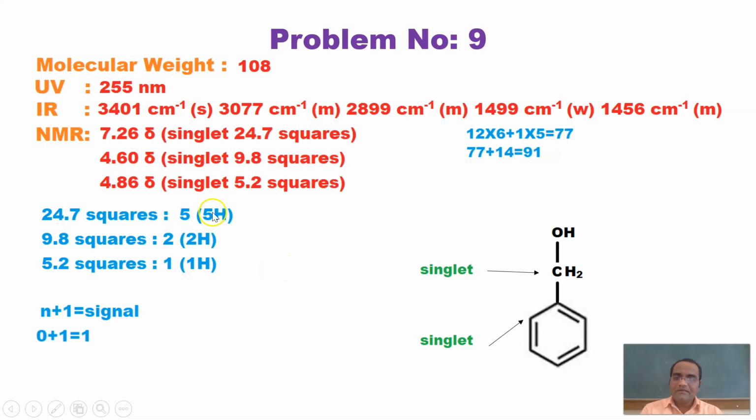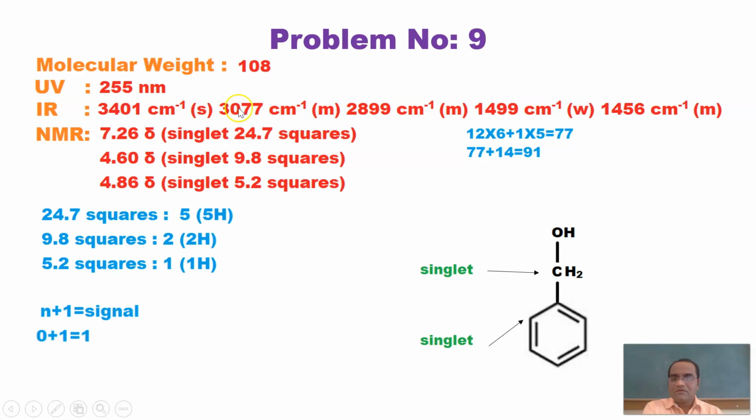So 17, why have I written OH over here? Because the NMR value is 4.86, and it is showing in squares 5.2. This value can be for an amine also, but it cannot be an amine, because at 3400 it shows a strong signal, and a strong signal is always for an OH.